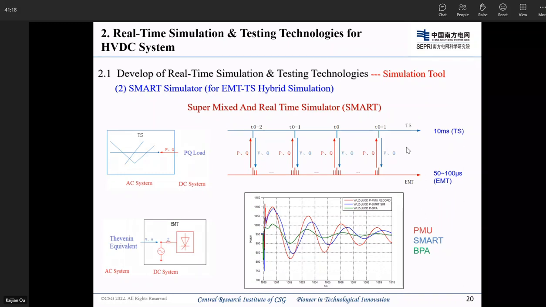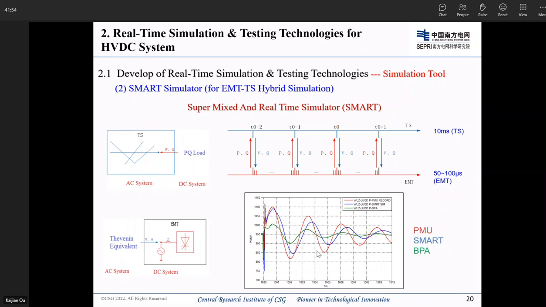These two kinds of simulation tools exchange data every time step. So we use EMT simulation to simulate the HVDC in RTDS, and we use the PC to simulate the AC system, and then we can simulate a very large power system.